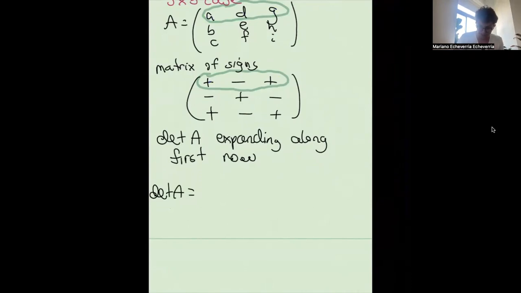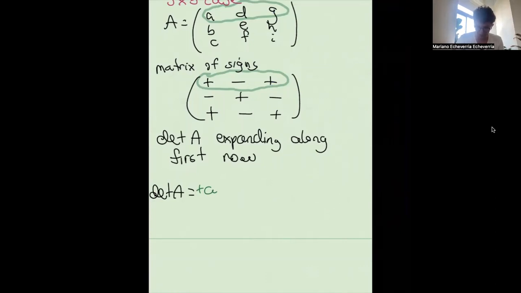So A appears as plus A, D appears as minus D, and G appears as plus G. This plus minus plus comes because in the first row, the matrix of signs is plus minus plus.